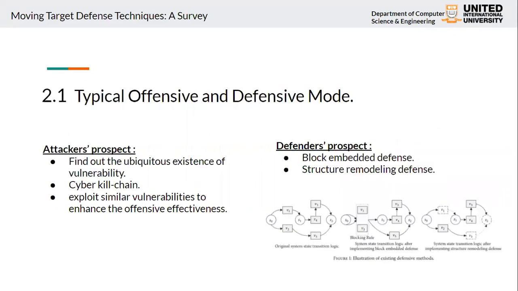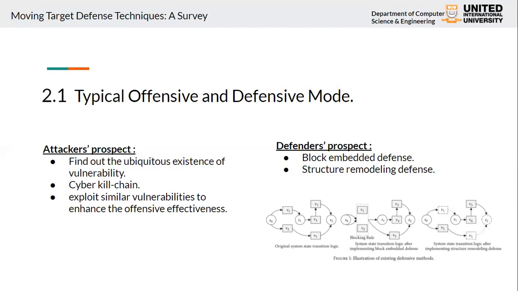Section 2.1, the typical offensive and defensive mode. We will divide this section into two different perspectives: first from the attacker's perspective, and second from the defender's perspective. From the attacker's perspective, network attacks are intended to analyze the targeted system and to find the ubiquitous existence of vulnerability and network resource.